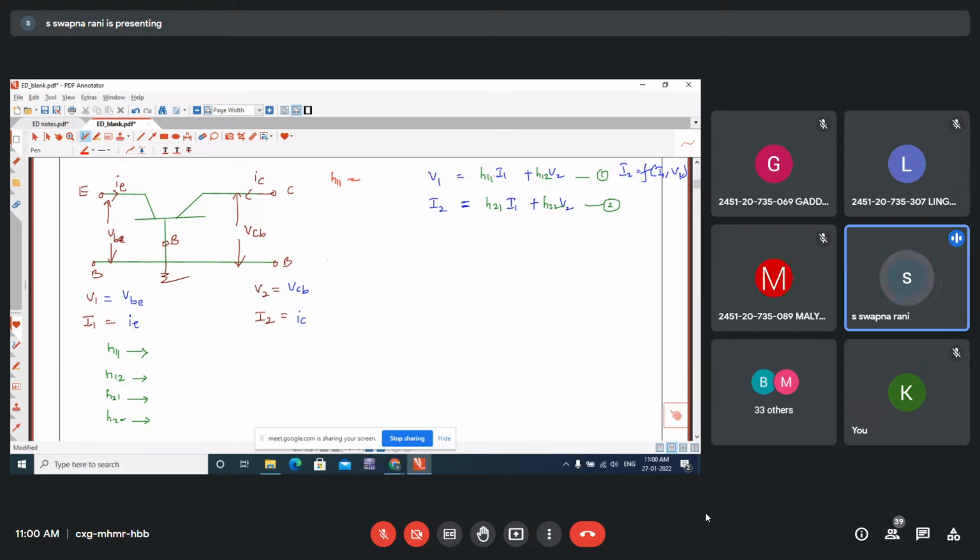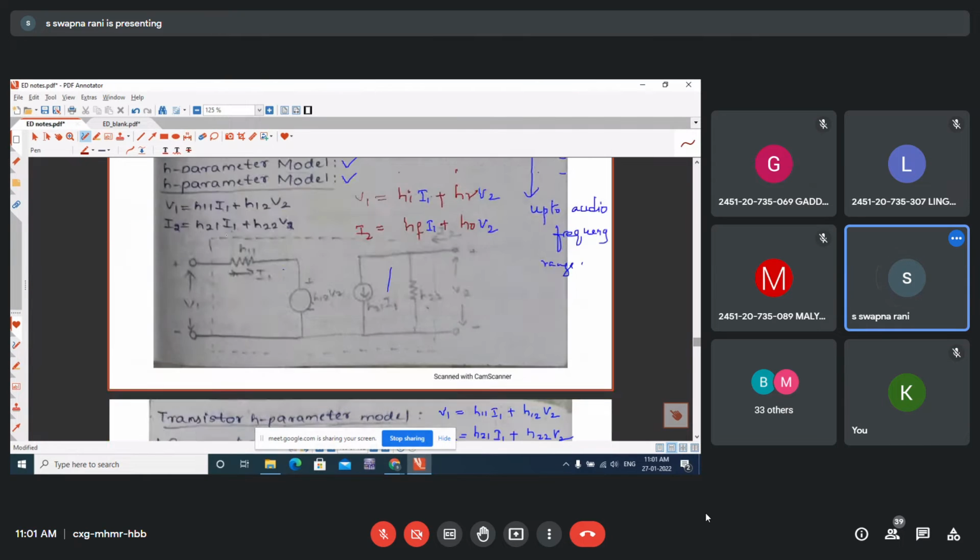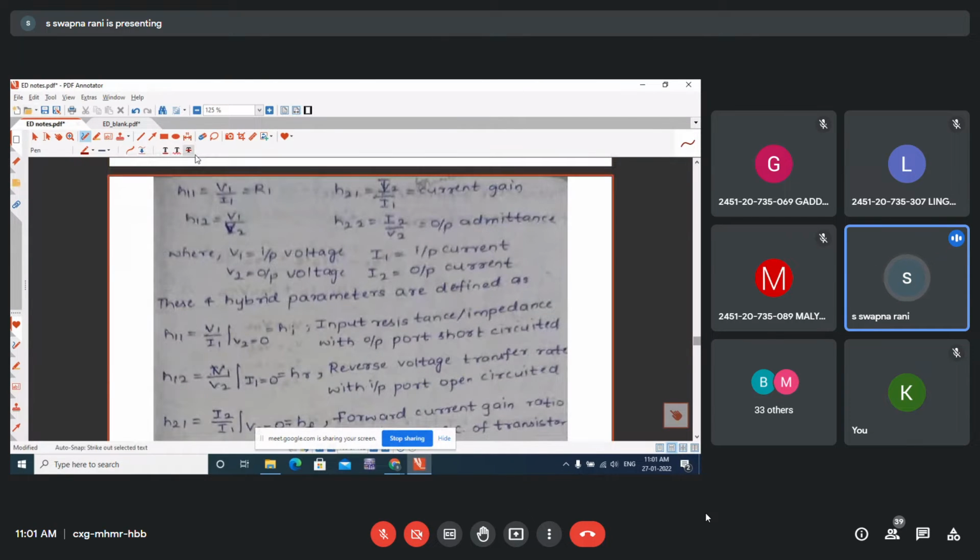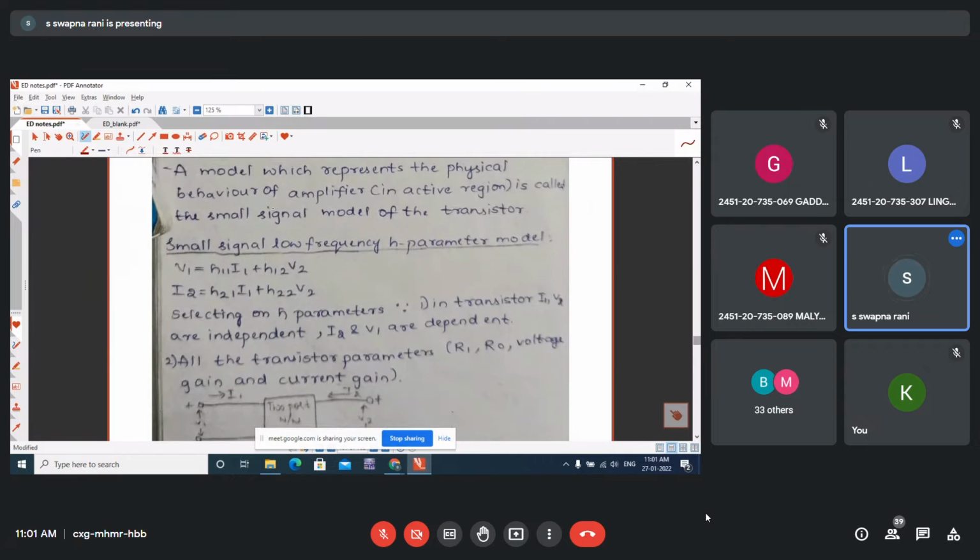Using equation 1, what we have written, H11 is V1 by I1 with V2 equal to 0. I will show you here. See here, these are the two equations. So H11, we have written as V1 by I1, input impedance. So this you will get only when you set V2 equal to 0.